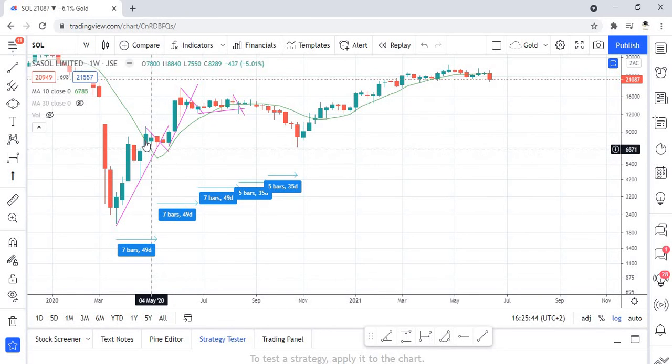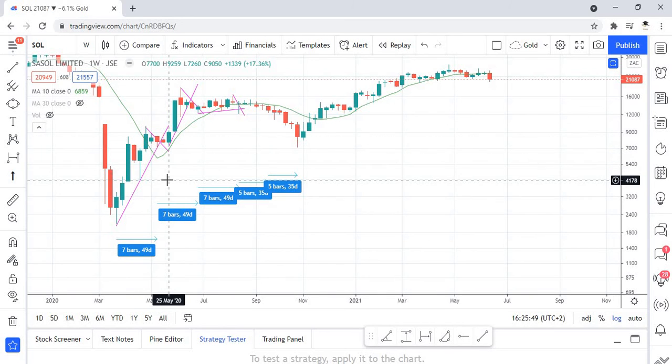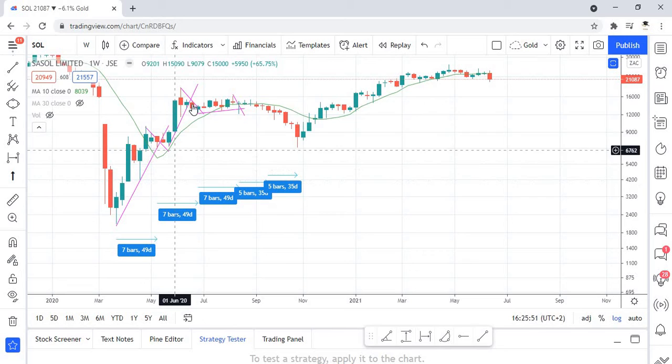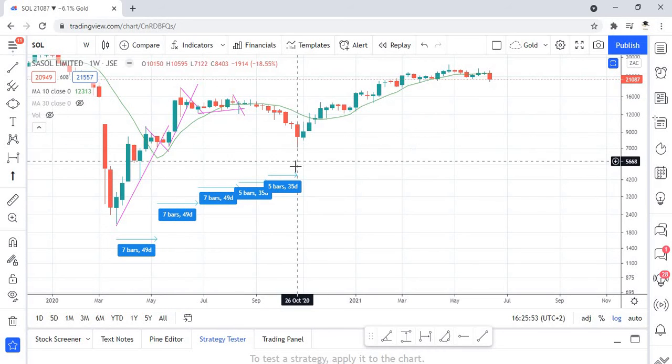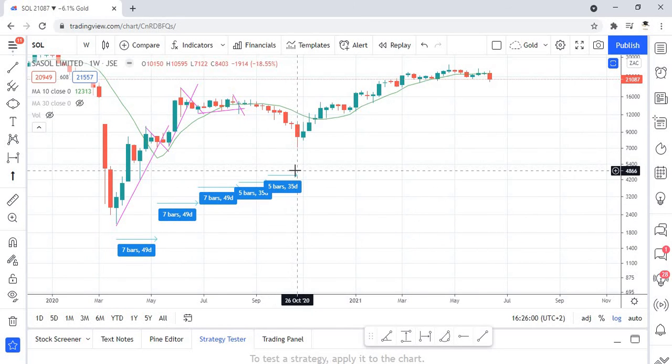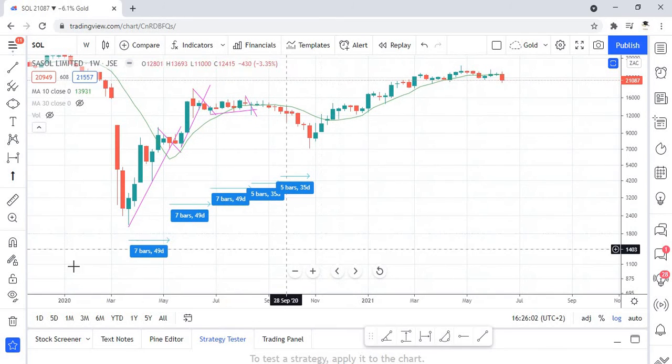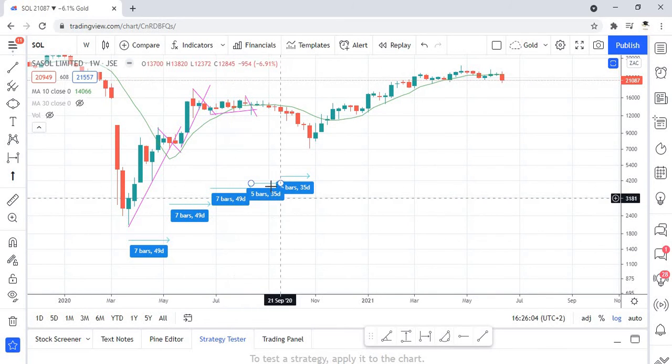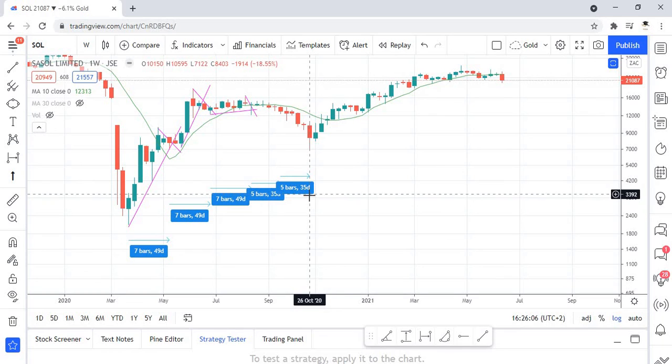Then you can say this was a half cycle high of a weekly cycle, a half cycle low of a weekly cycle. Then we have the weekly cycle low, which is what we now call the ICL. So this is ICL to ICL, whereby Sasol took 5 daily cycles to reach that point.